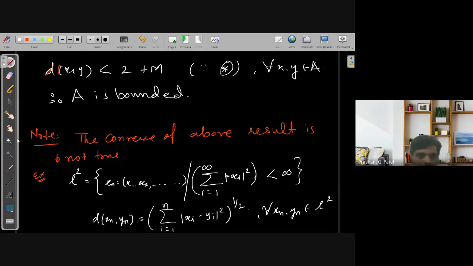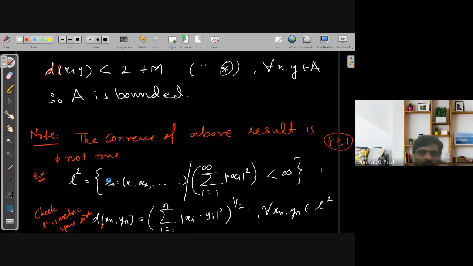So I am giving it to you as an exercise: check that L2 is a metric space with this metric d. It is usually called the d2 space or d2 metric because of the square. And you can generalize this definition with the p norm or power p, where p is greater than or equal to 1.